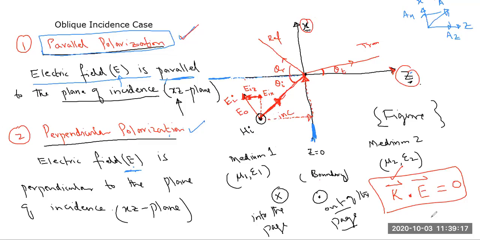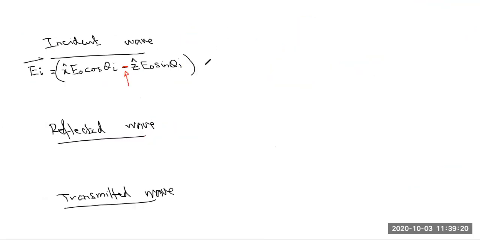So we will represent this by e power minus j, because it is a lossless medium, and you will end up with k1, the propagation vector, and then because the wave is propagating in the x direction, x sine theta i plus z cos theta i.